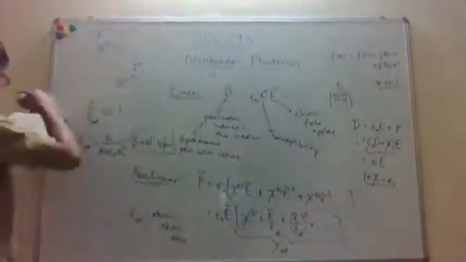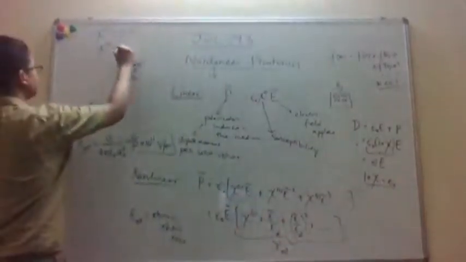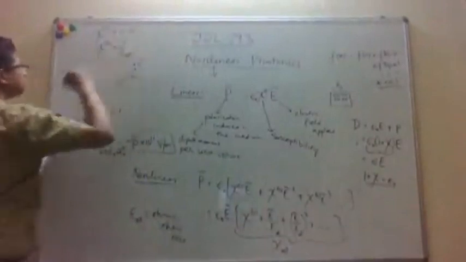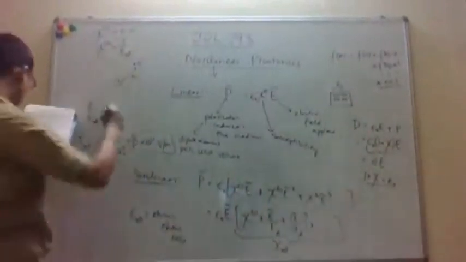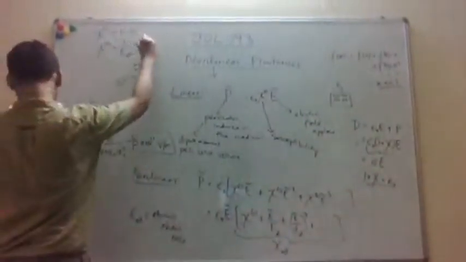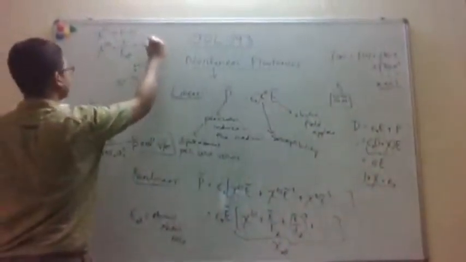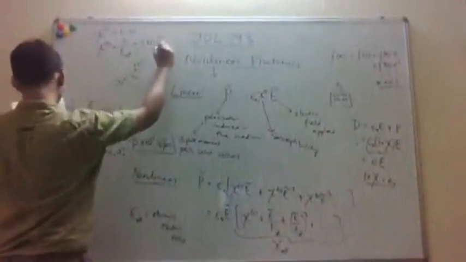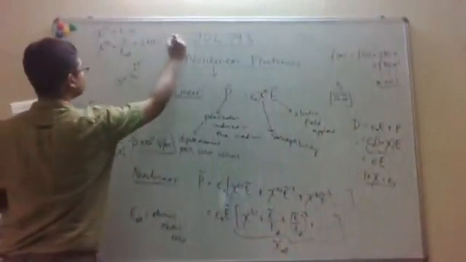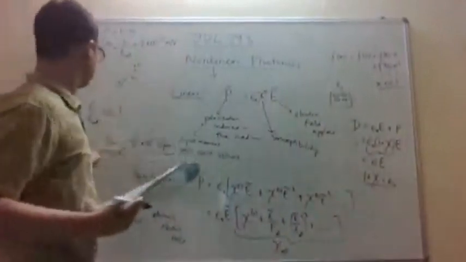Right, so chi2, as a rough estimate, you can see 1 over the atomic electric field, and the value is about 10 to the minus 12 meter per volt, which are inverse units of electric field.